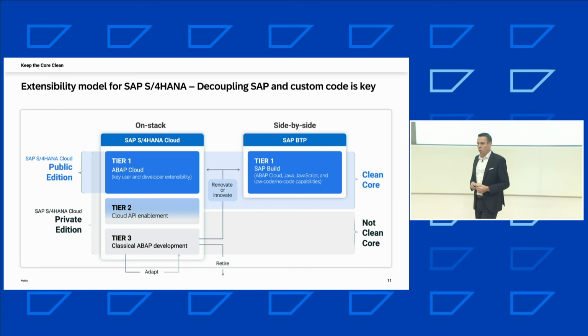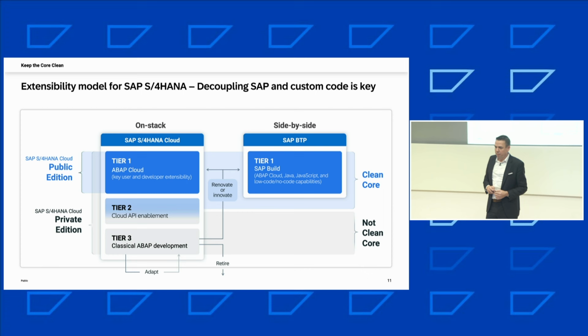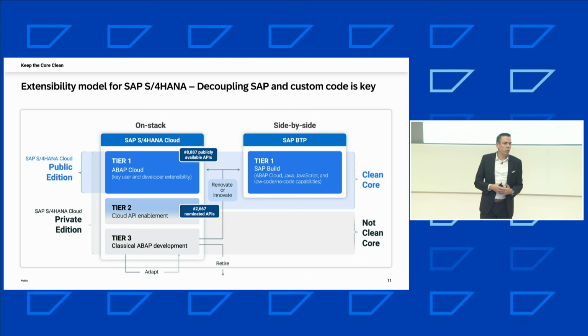And if we talk about decoupling, you need certain APIs. You need an overview of what is available, where can you access the S4 system in a cloud-compliant way. And there are, let me start with the upper one, Tier 1 APIs, which you can find on the Business Accelerator Hub. There are 2 types.